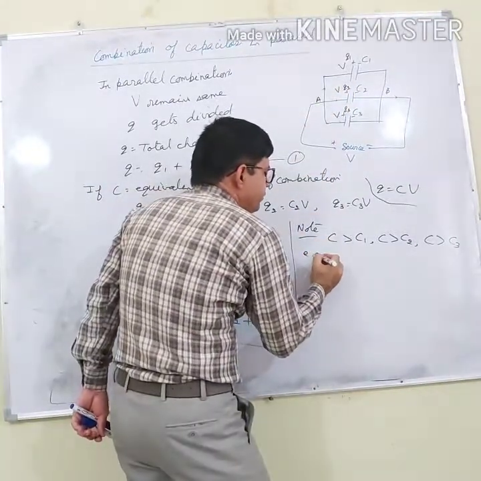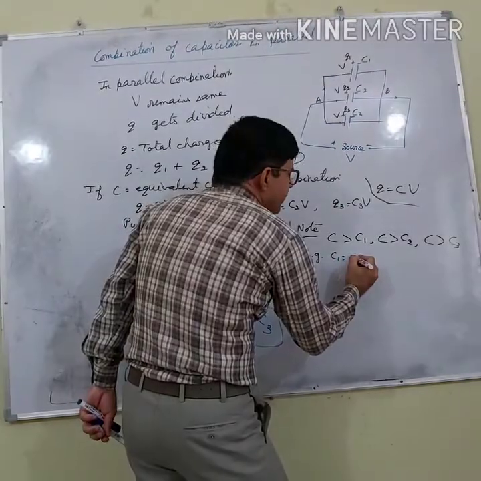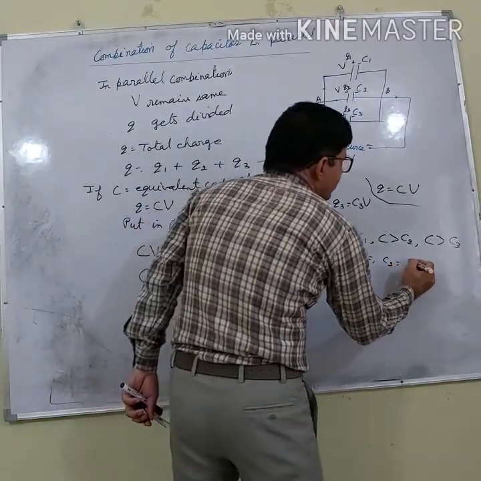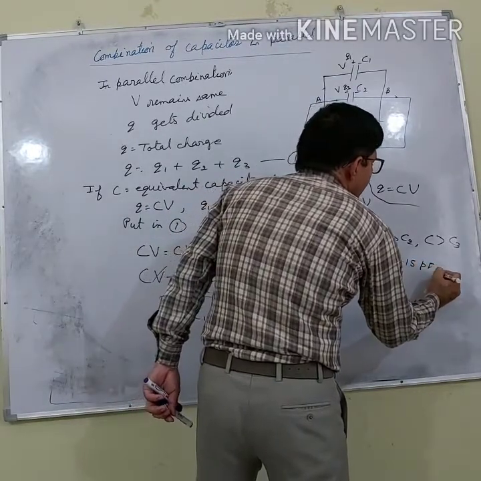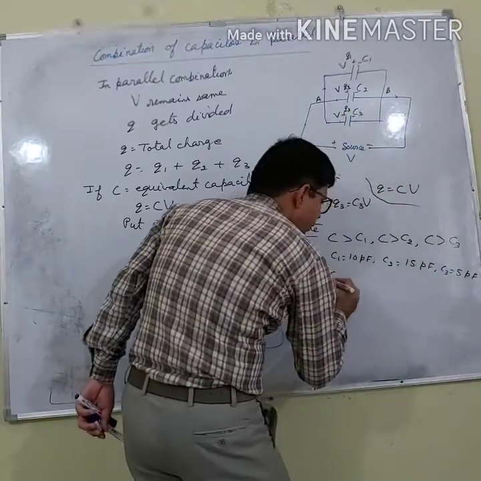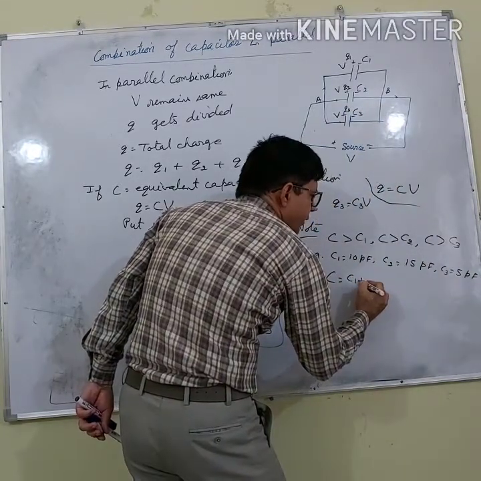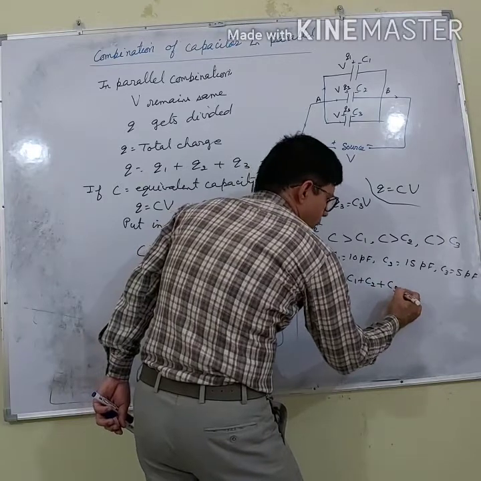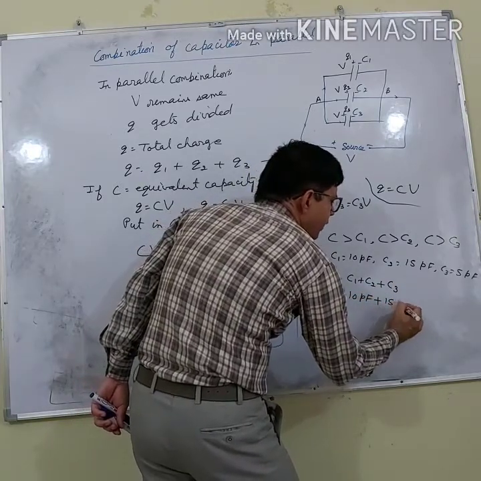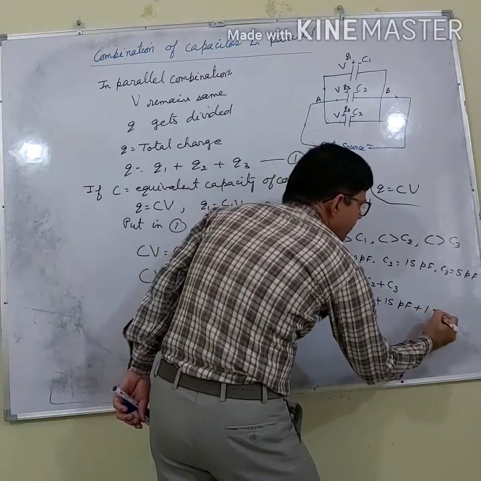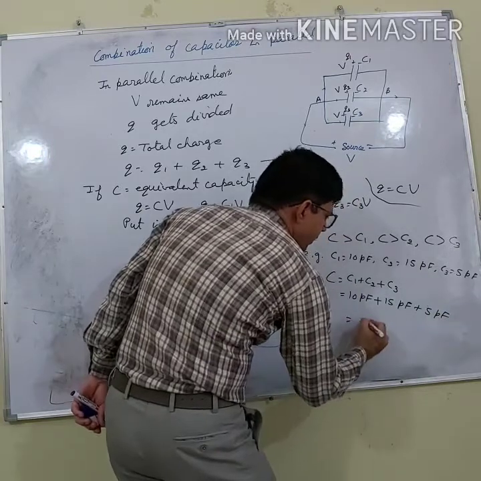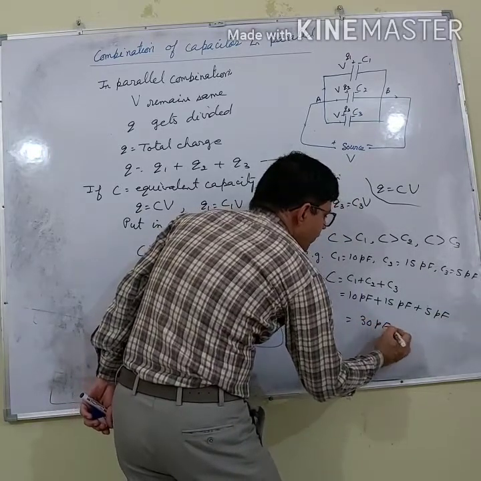For example, if C1 is, let us say, 10 picofarad, C2 is 15 picofarad and C3 is 5 picofarad, what is the total capacity? C1 plus C2 plus C3, 10 picofarad plus 15 picofarad plus 5 picofarad, so it will be 30 picofarad.